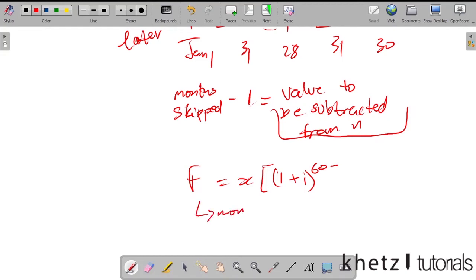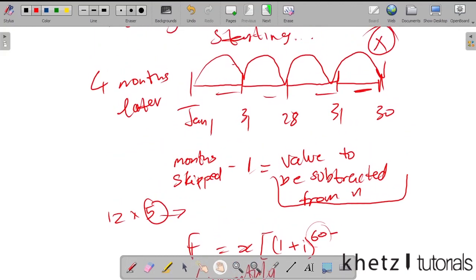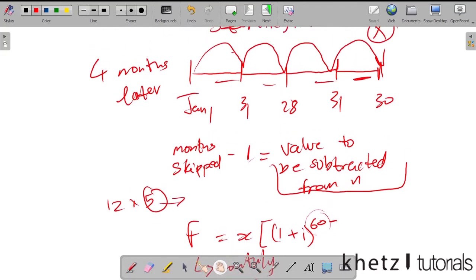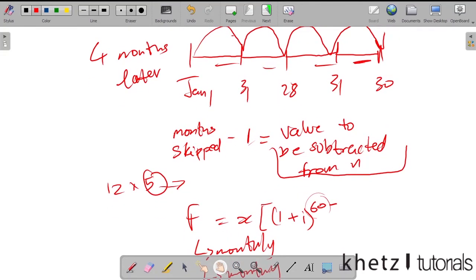So we expect this to be monthly, expect it to be compounded monthly as well. And that 60 will be coming from 12 multiplied by 5 for 5 years. So we want a future value for 5 years, but we only started paying 4 months later after starting the plan.